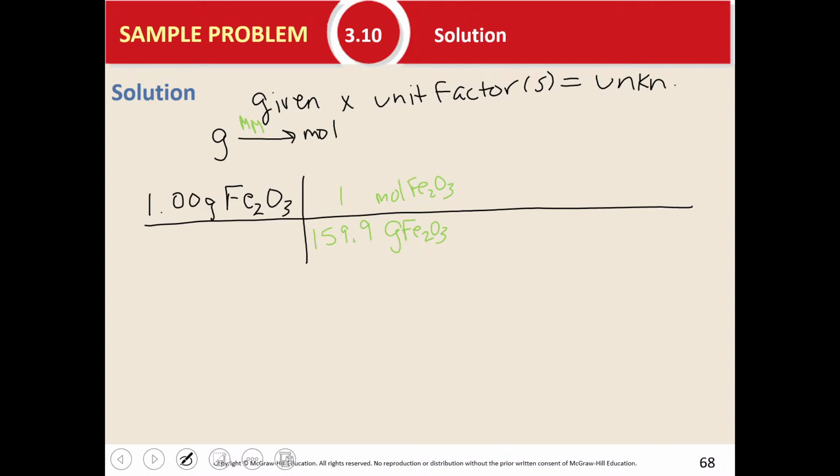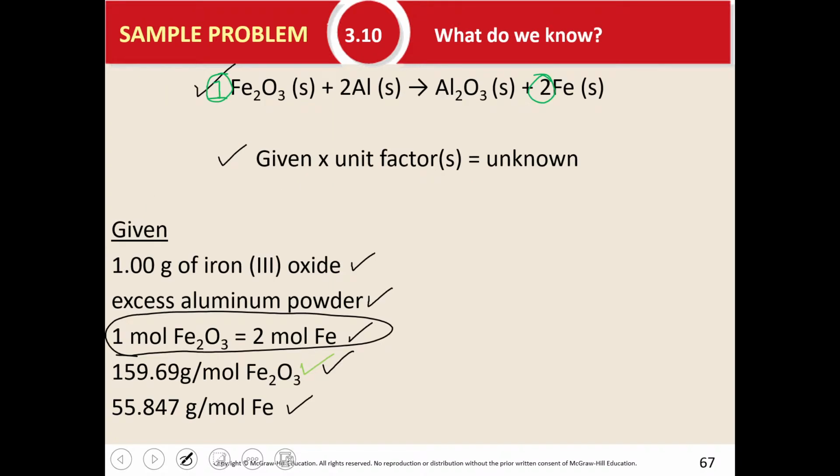Okay, now I want to get 2 moles of iron. I do that by way of our mole-to-mole ratio from the balanced chemical equation, right there.